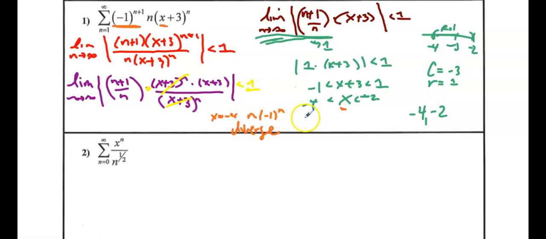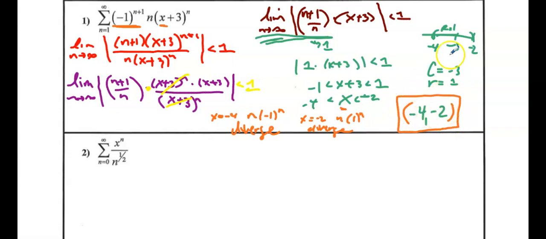The same thing happens when x is equal to negative 2: we get n times 1 to the n, which is just n, and the limit as n approaches infinity of n is positive infinity. Since both of these limits do not equal 0, through the alternating series test they diverge. So our interval of convergence for this problem is negative 4 to negative 2, not including the endpoints.